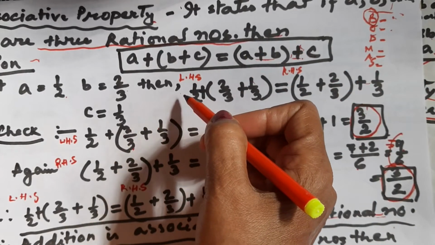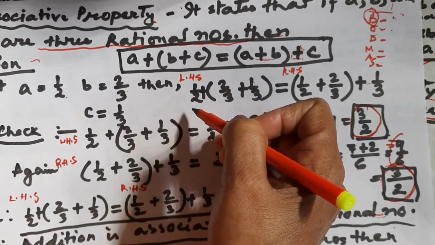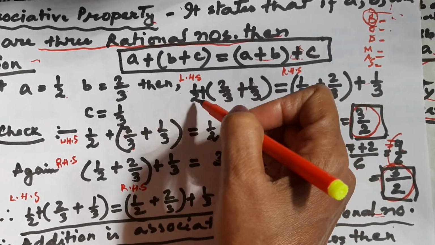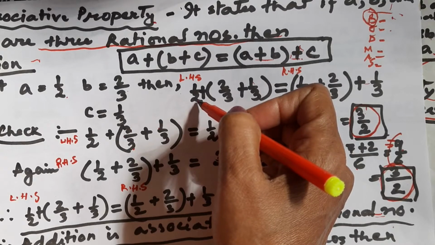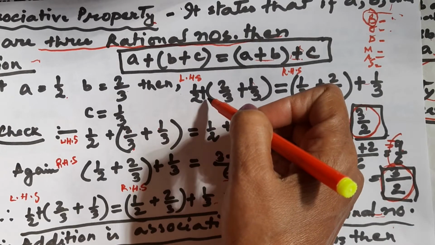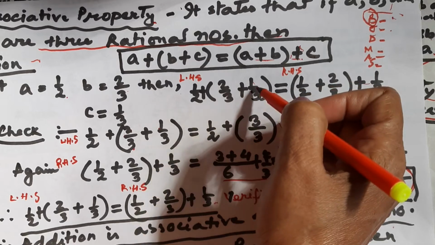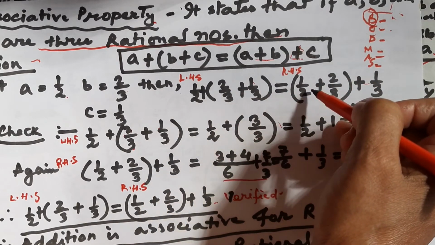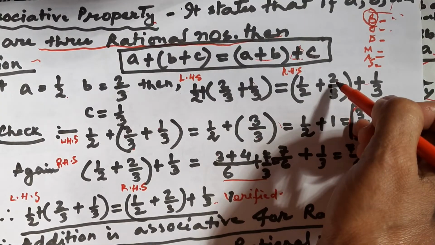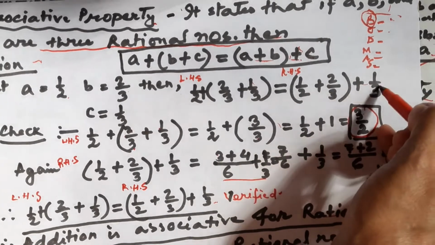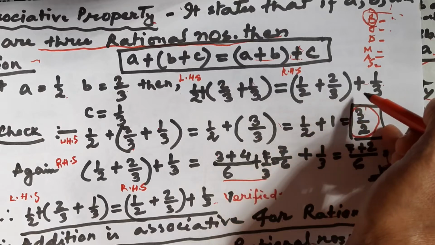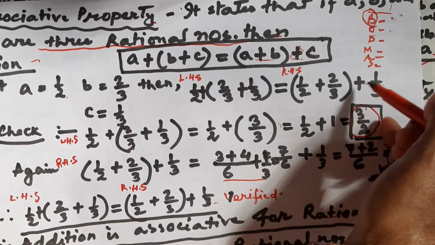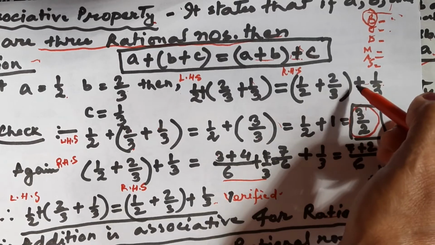Then the left hand side will be a plus (b plus c), that is a is outside the bracket plus (2 by 3 plus 1 by 3), that is b plus c, and the RHS will be (a plus b) plus c. I have just put the numbers for a, b and c.